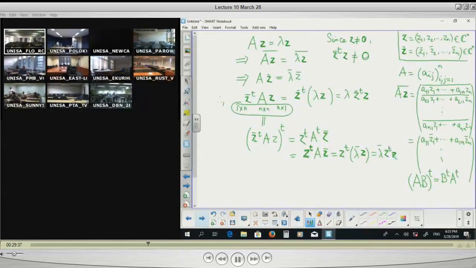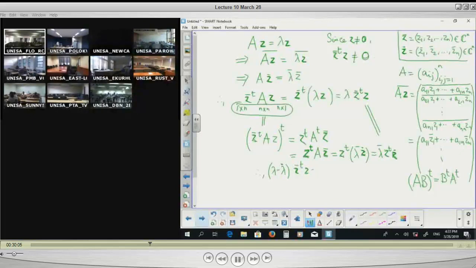Sorry, lambda bar Z bar is this, right? But this is the same thing as this, right? So, lambda minus lambda bar times, now this is a complex number, right?